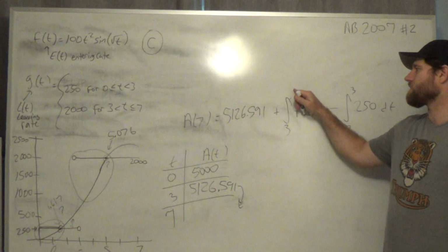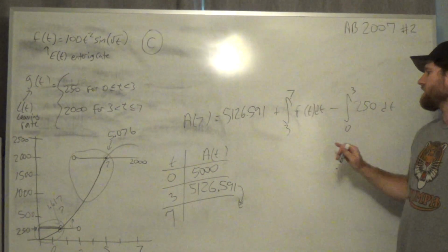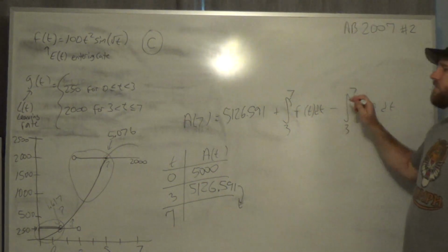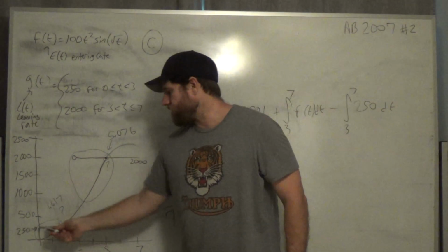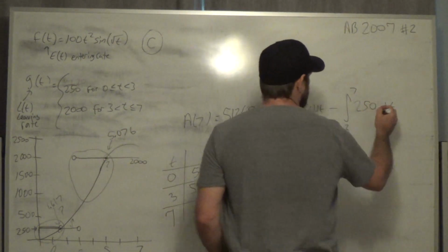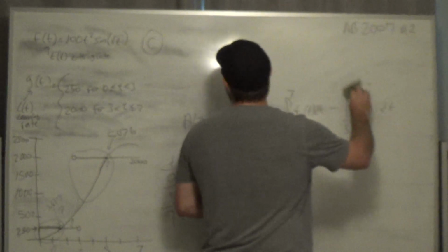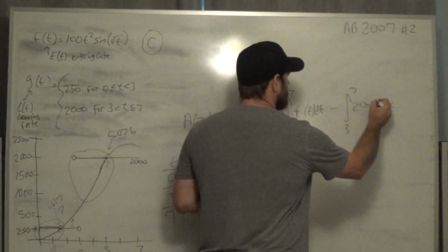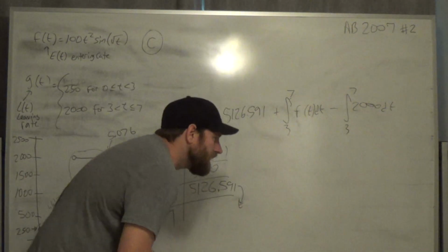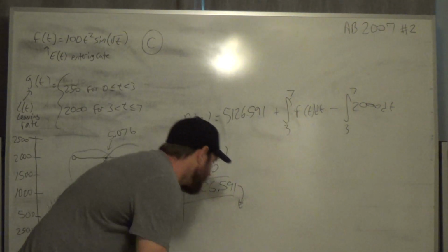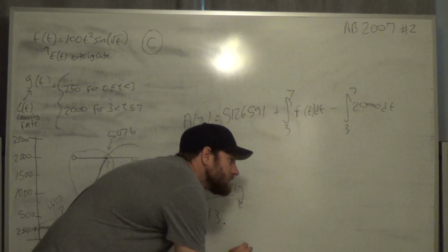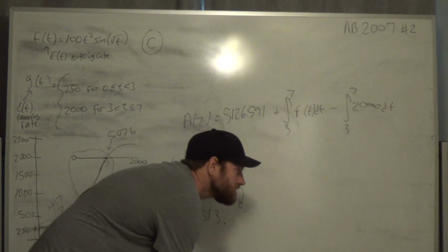Remember, area underneath the entering rate tells you how much you gained. And then how much did we lose from time 3 to time 7? From time 3 to time 7, it's not 250, it's up here, 2,000. So we're going to erase that and put 2,000. Now we type all this in the calculator, and we get 4513.3807.